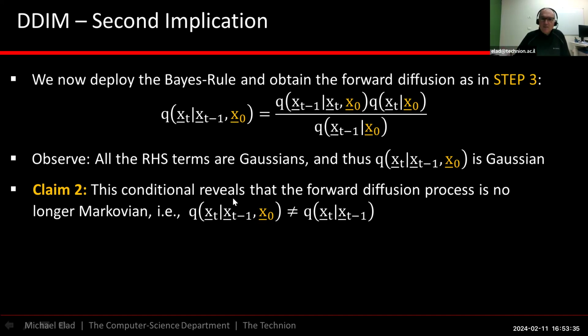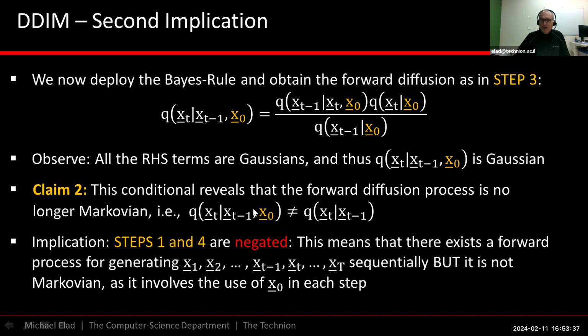And that's it. Okay? So, in fact, this means that step number 1, the very first step that says, here is a Markovian chain that moves from xt minus 1 to xt using simple Gaussians, it's not true anymore. And step number 4, which assumes that you can omit x0 from here without any harm, is not true as well. Okay.